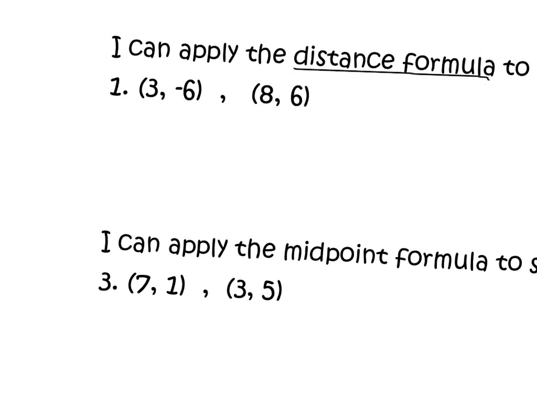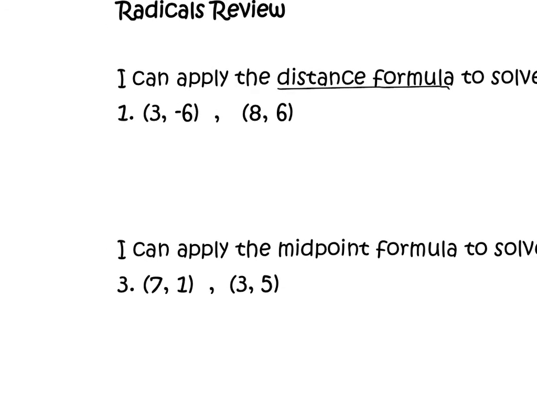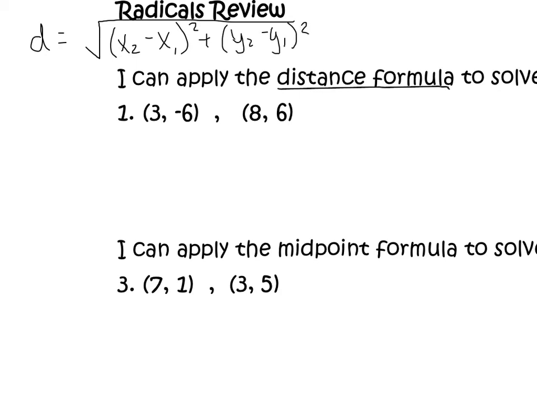So we need to use the distance formula, which is the square root of x2 minus x1, so the distance between your x's squared, plus the distance between your y's squared, all of that underneath the square root.